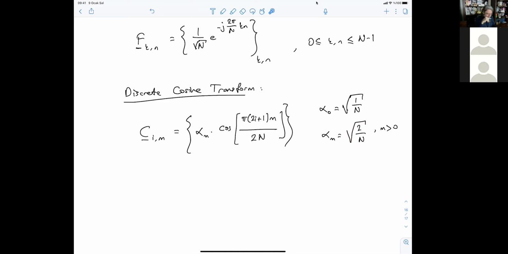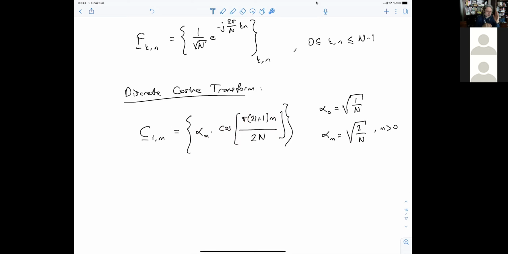Why is that? Let me start by explaining it. When m is 0, alpha 0, as you see, alpha m is here. When m is 0, this m here is 0. So it makes cosine of 0, and cosine of 0 is 1. Which means that for different i values, c of i comma 0 are all ones, 1, 1, 1, 1, along the column.